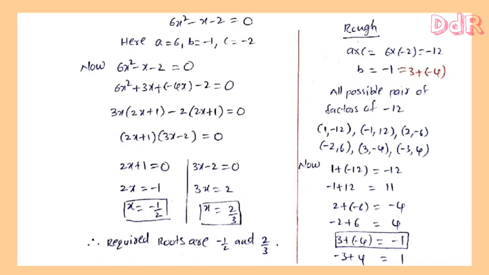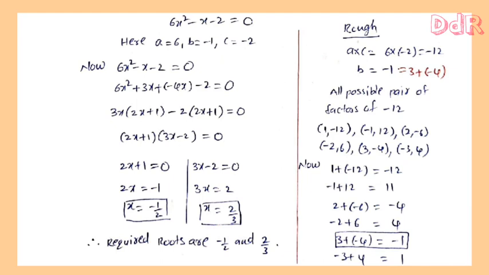Let us express the minus 1 as a sum of two other numbers. To express it, write the possible pairs of factors of minus 12. The possible pairs are 1 into minus 12 is minus 12, minus 1 into 12 is minus 12, 2 into minus 6 is minus 12, minus 2 into 3 is minus 12, 3 into minus 4 and minus 3 into 4 equals minus 12.